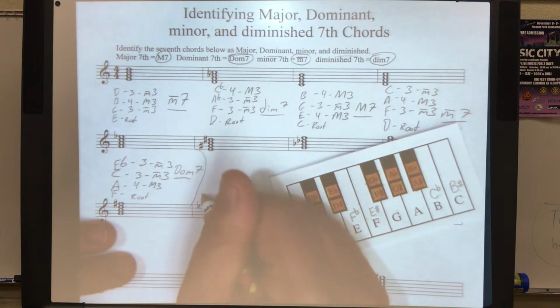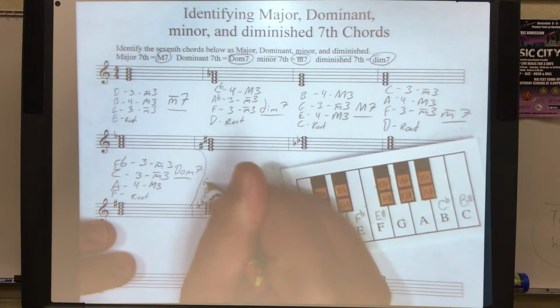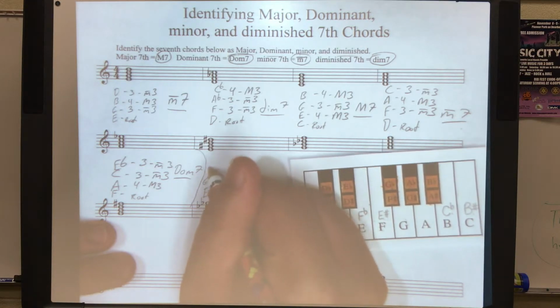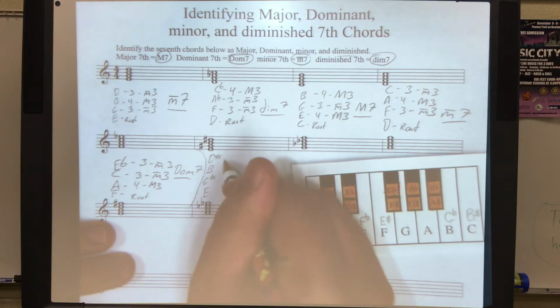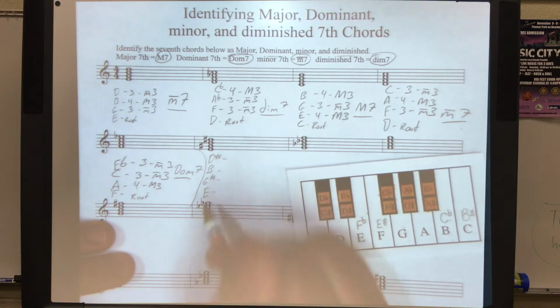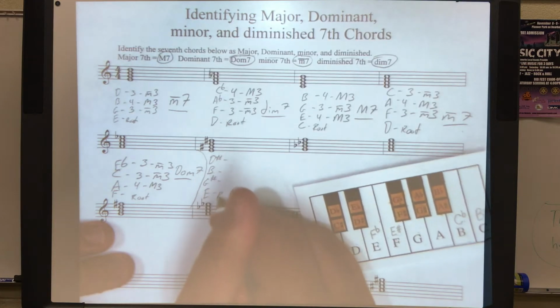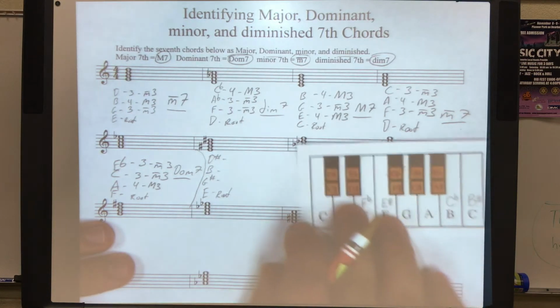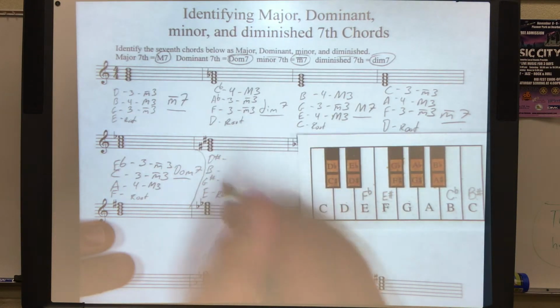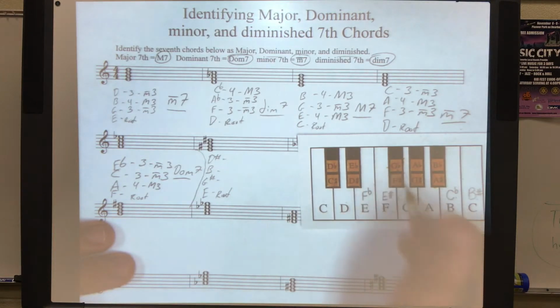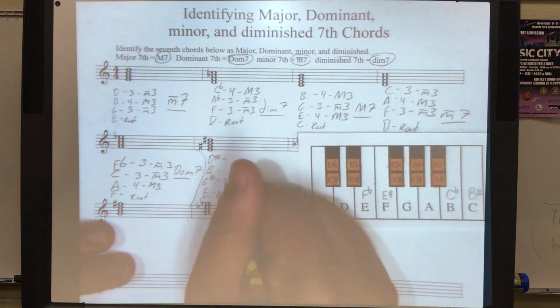Next one we have is E, G sharp, B natural, and D sharp. Let's unpack this a little bit. E is the root. G sharp is the third, and it's going to be 1, 2, 3, 4 half steps away, major third.